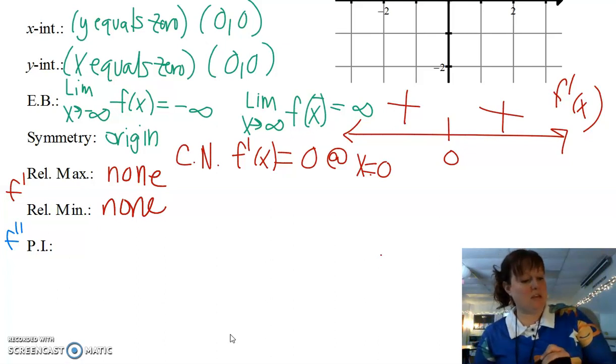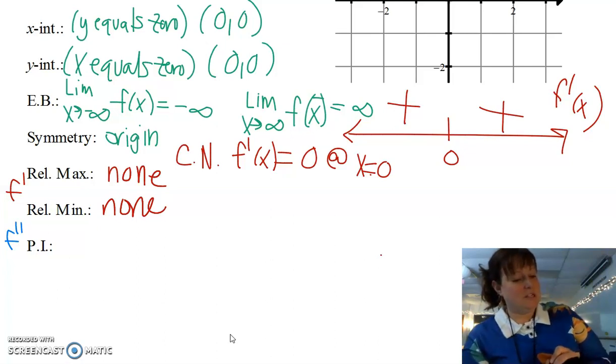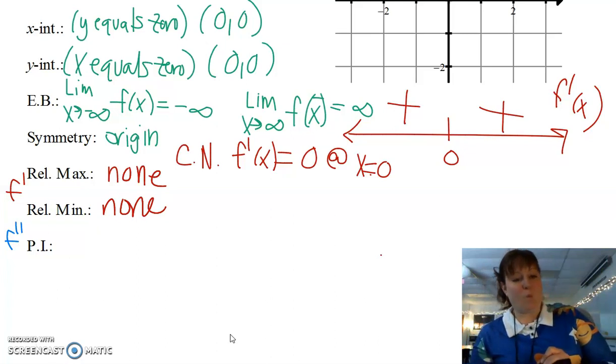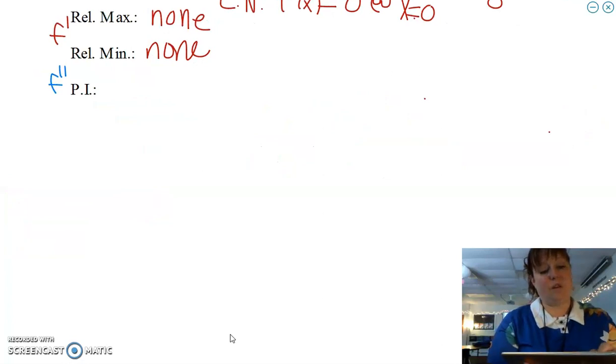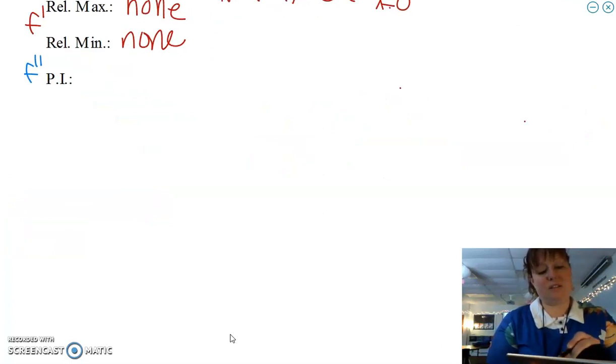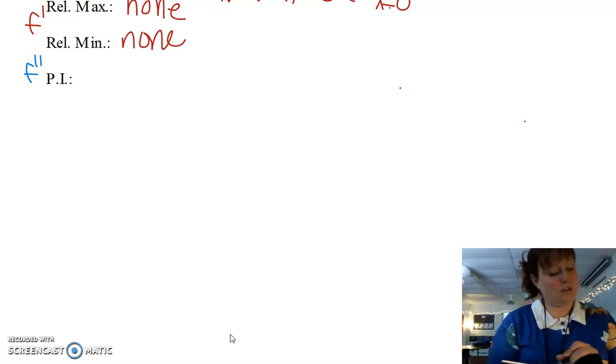So PPIs or PIPs, pips. So our pips, what we do is we find where the second derivative is undefined or equal to 0. So I'm going to give myself some extra room down here. So we are going to figure out where the second derivative is undefined or 0.